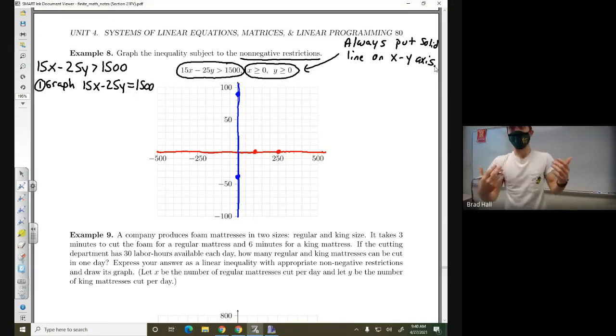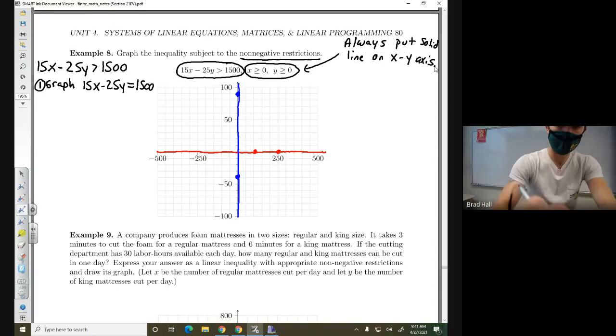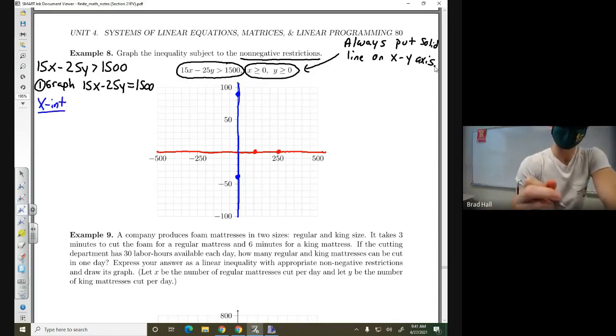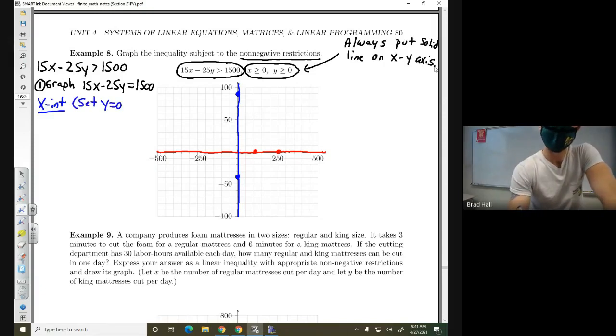Since it's not easy to put this into mx plus b form, you can if you want, but when it's in this form here, I generally use x and y intercepts. So remember, with the x-intercept, we set y equal to 0 and solve for x.